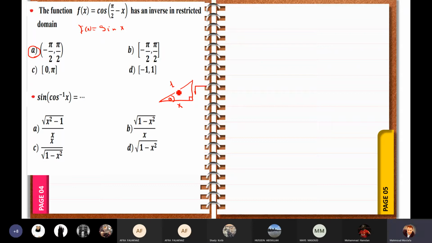The square root of 1 squared, which is 1, minus x squared. Okay. Now we need the sine. Sine is what? Opposite over hypotenuse. Yes, it means square root of 1 minus x squared.